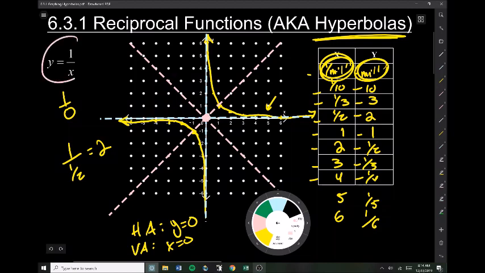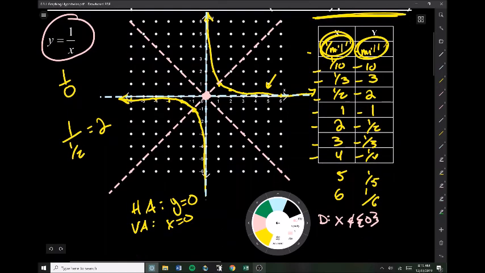That's just the case because this is the parent function, the very, very simple, basic version of the function. We'll see other versions as well. So note, the domain of this function is all real numbers except 0, which means the range of this function is all real numbers except 0.